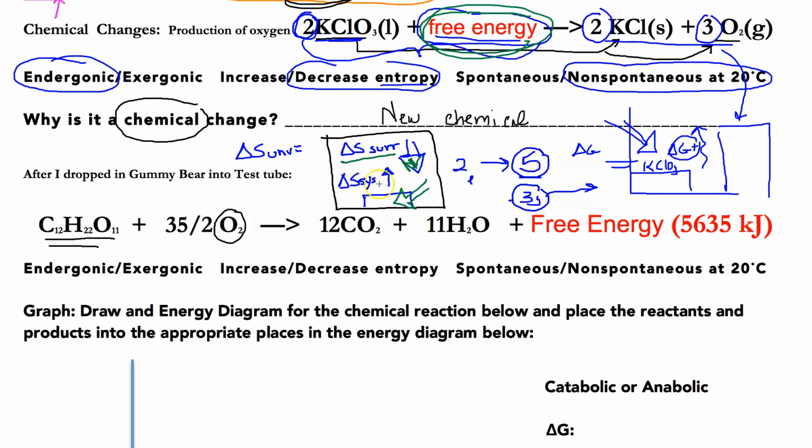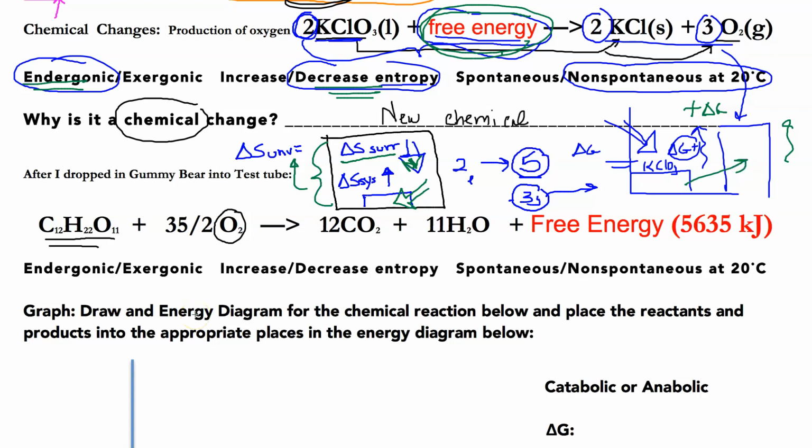And that's enough to make the overall delta S of the universe drop for the same reasoning. Bottom line is a positive delta G, okay, means that you're going up because absorbing energy makes it endergonic. And the entropy of your universe, okay, has to decrease if you're concentrating your products, okay?